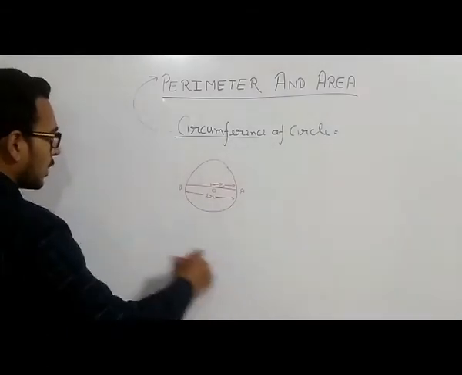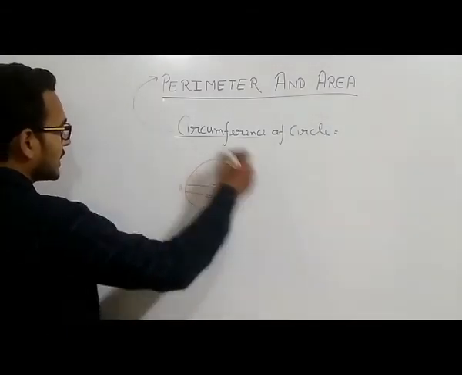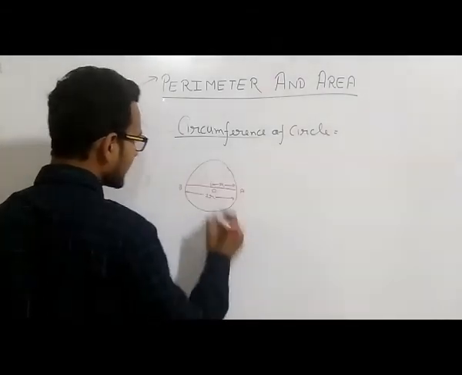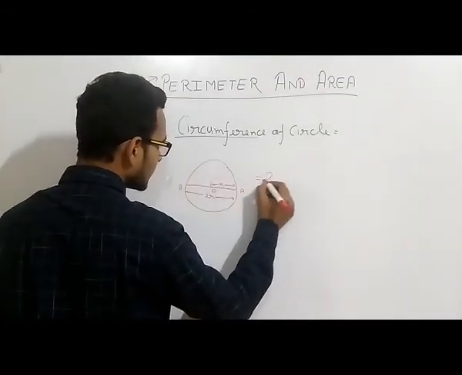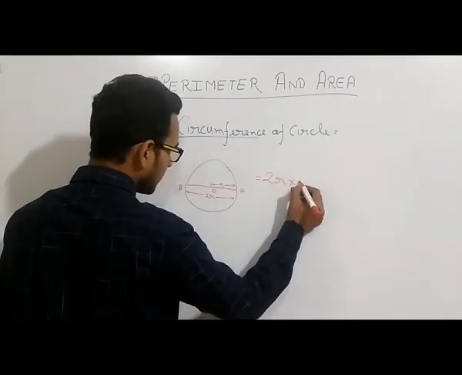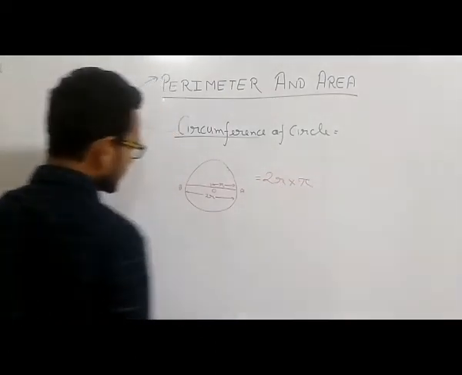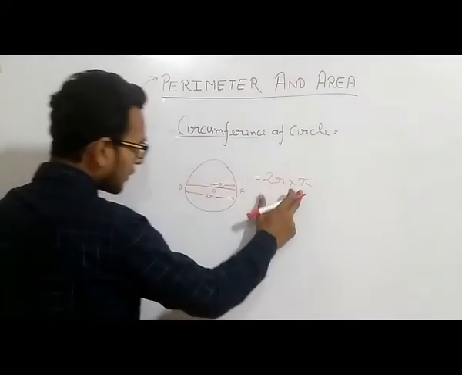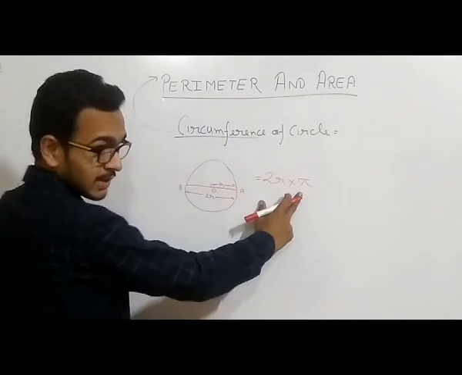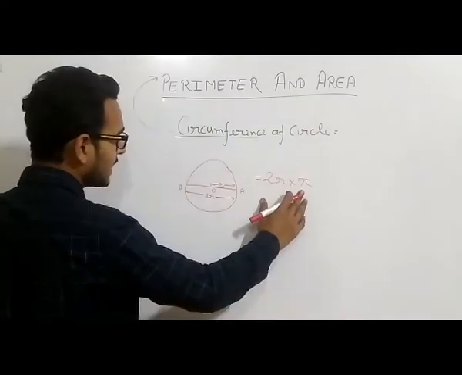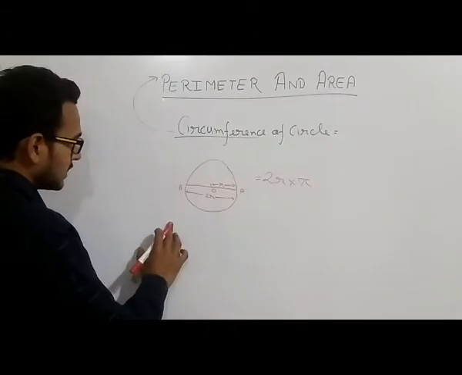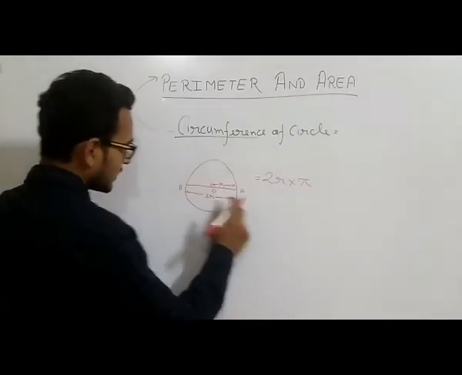So how do we find out the boundary line of the circle? Here the circumference of a circle is said to be 2r into pi. Here 2r is the diameter of the circle and pi is a constant. Pi is the ratio of the circumference of the circle to its diameter.